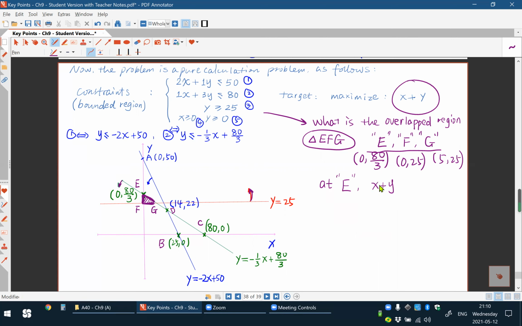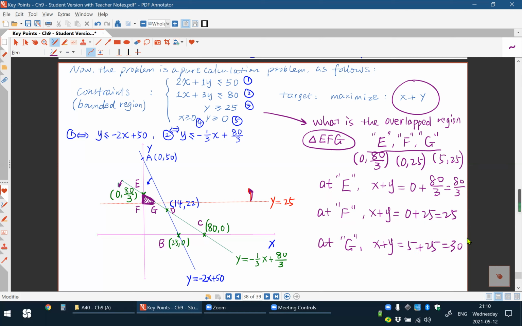So at point E, what is the value of x plus y? At point E, the value of x plus y is 0 plus 80 over 3, which is 80 over 3, right? And at point F, what is the value of x plus y? X plus y is 0 plus 25, which is 25, right? So how about at point G? At point G, x plus y equals 5 plus 25 equals 30, right?